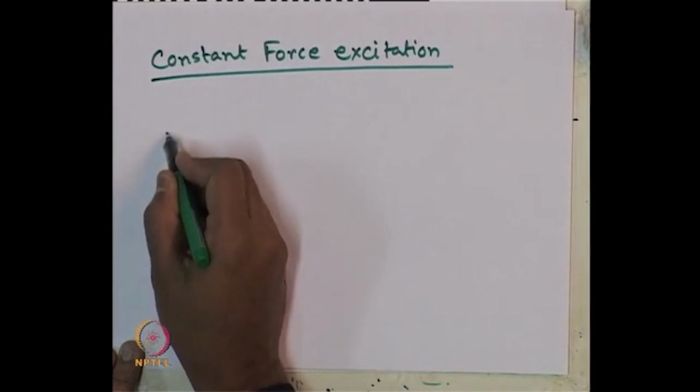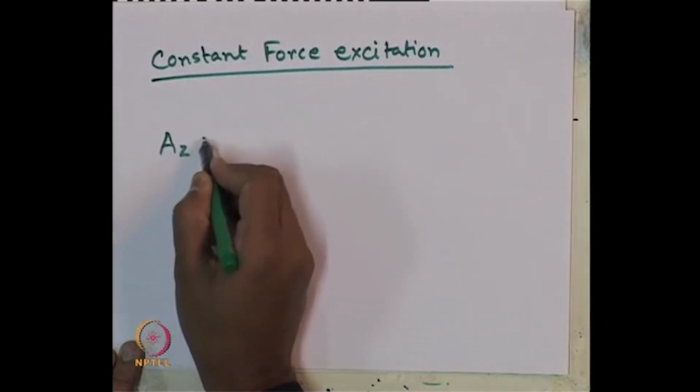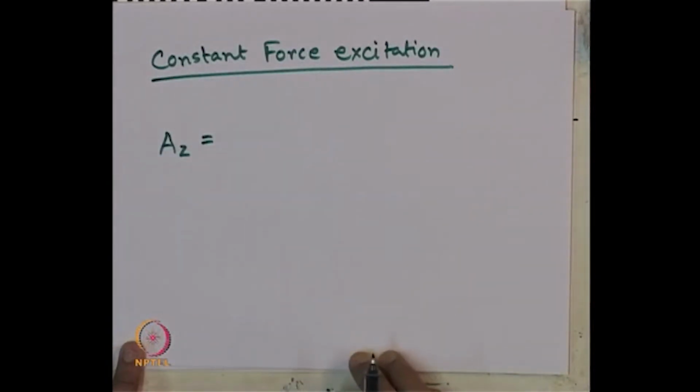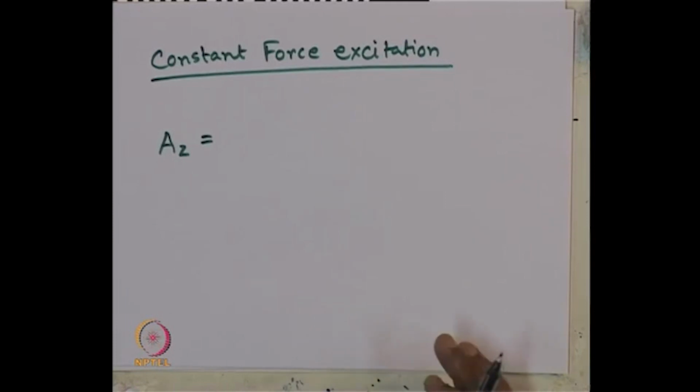With this, the basic equation, whether it is Reissner or Lysmer, is nothing but similar to the equation of the mass spring dashpot model. So, the expression for Az will obviously be the same, because it is the solution coming from that equation.